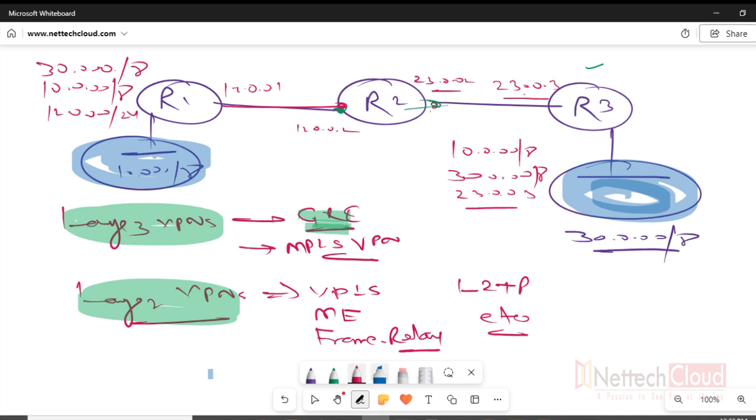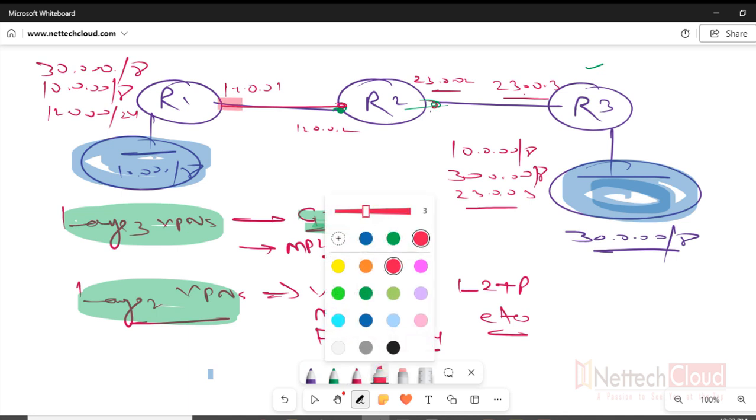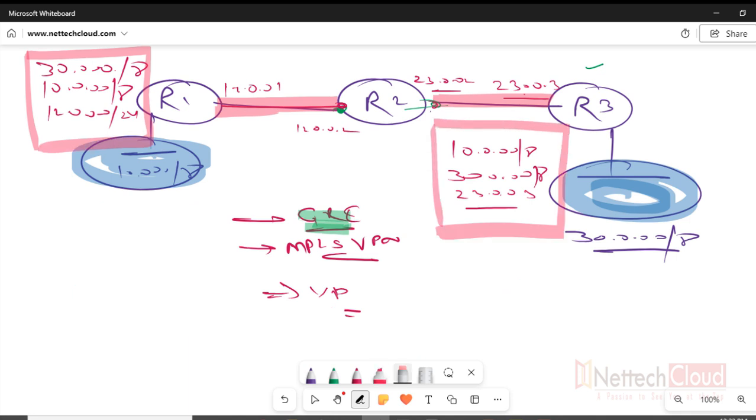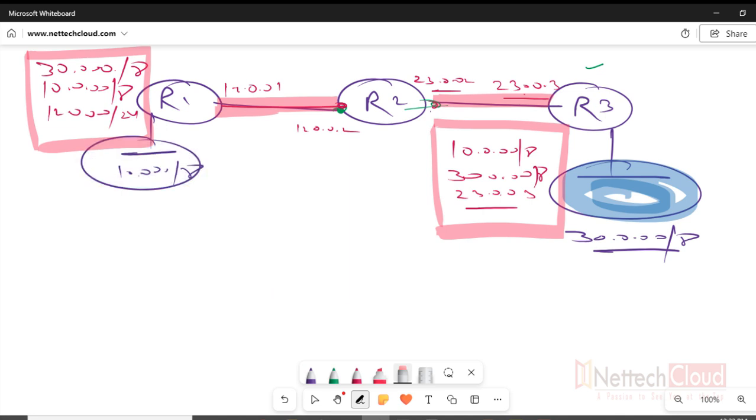I hope you understand now the routing information of both R1 and R3. And R2 has only information about both directly connected networks, 12 and 23.